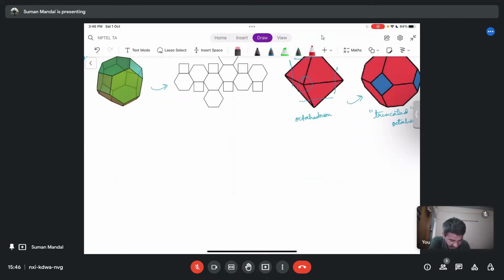If the real space crystal structure is BCC, then in the reciprocal space we have the FCC structure. If you have FCC in the real space, then you have BCC in the reciprocal space.